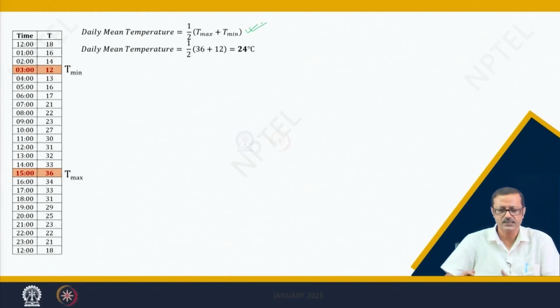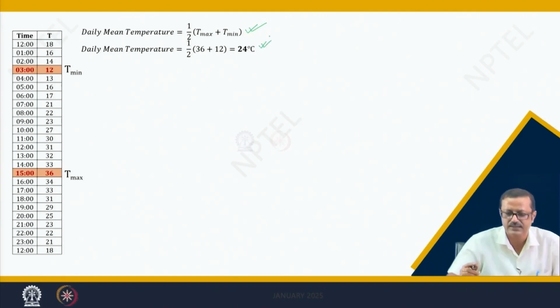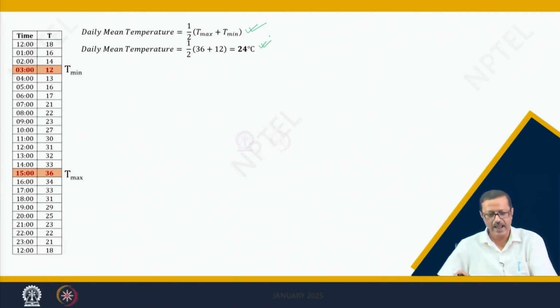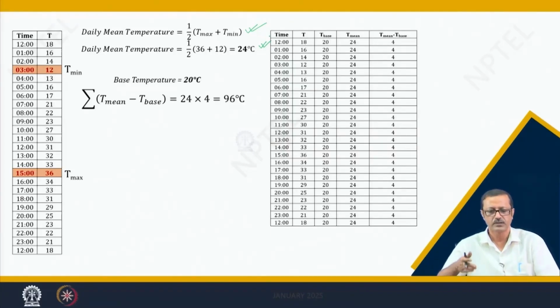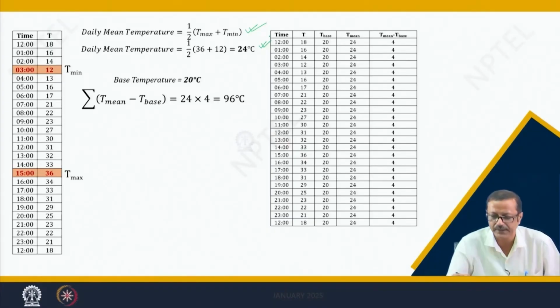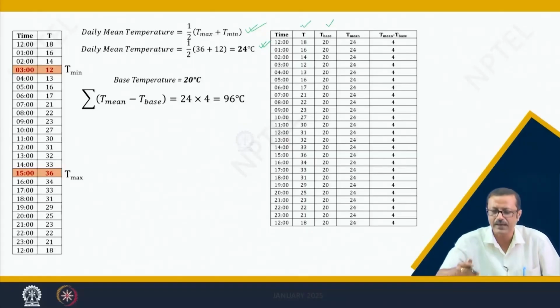In this case my daily mean temperature T mean is 24 degrees, that is (36 plus 12) divided by 2, and my base temperature is 20 degrees. T mean is fixed, computed from the 12 and 36, and T base is also fixed.